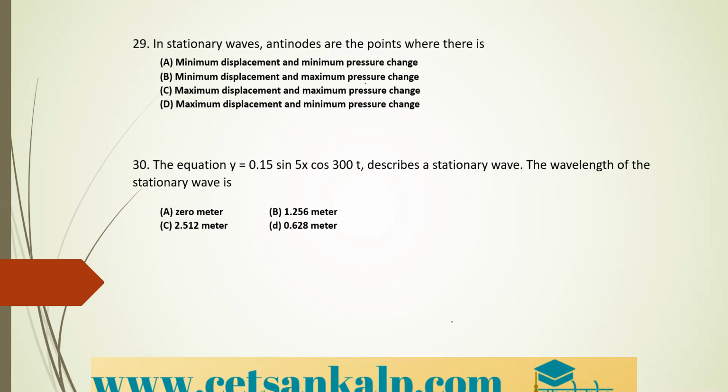Next question. The equation y is equal to 0.15 sin pi x cos 300t describes a stationary wave. You need to calculate the wavelength of the stationary wave. We can just compare it with the standard equation and solve it. 2 pi x divided by lambda is equal to pi into x.